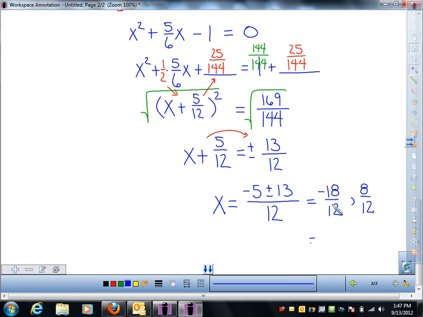We can divide both of these by 6, so we can get 3 over 2, so this is -3/2. And this one, we can divide both top and bottom by 4, in which case we get 2 over 3. So my solutions are these two rational numbers, -3/2 and 2/3. So that's the method for completing the square.